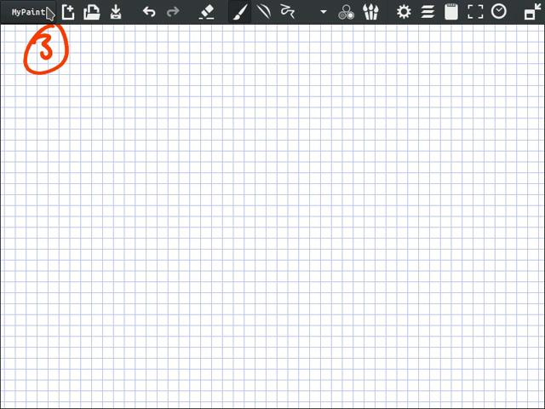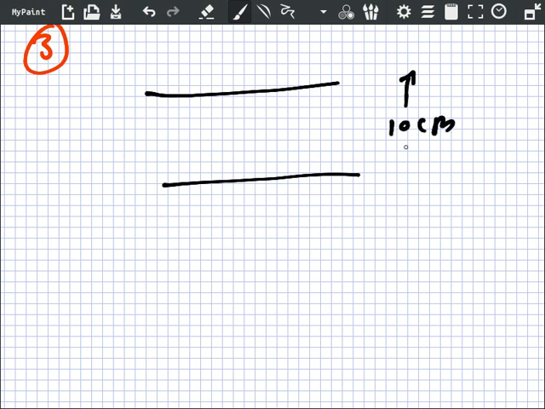A 2 milligram dust particle falls from one copper plate to a lower copper plate, a distance of 10 centimeters. And it took 10 seconds to do this. And it's 2 milligrams, so that's 2 times 10 to the minus 6 kilograms. And it falls down.